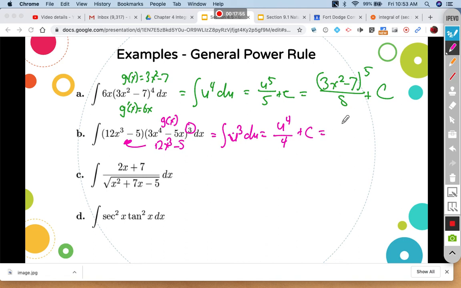And that's going to be, I'll write this one, 1/4 times 3x to the 4th minus 5x. And all of that is to the 4th power. Plus our constant. Don't forget our constant.